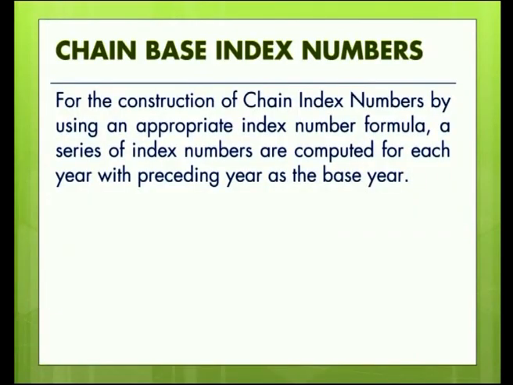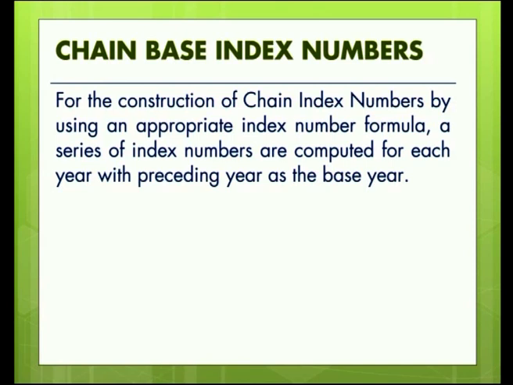Now, after studying price index number, quantity index number, value index number, and the criterion for a good index number, and the various tests of adequacy to be satisfied by the formulae studied for computing price and quantity index numbers, we next step in to study the next type of index number called chain based index numbers.